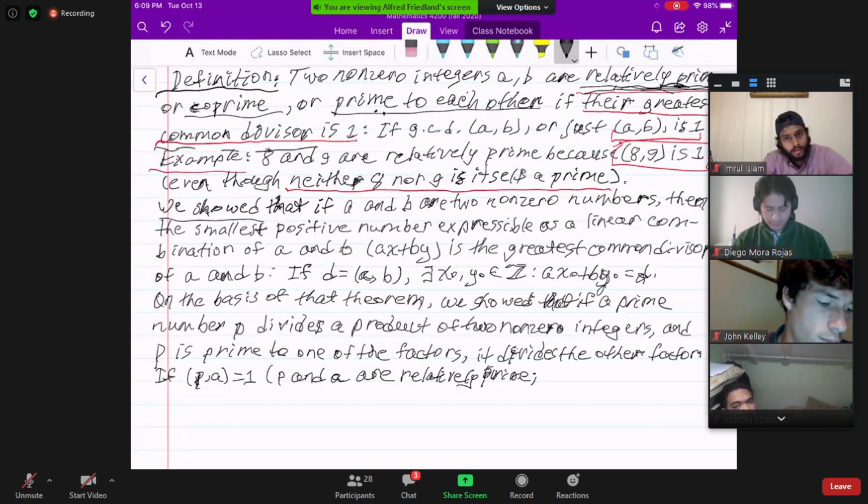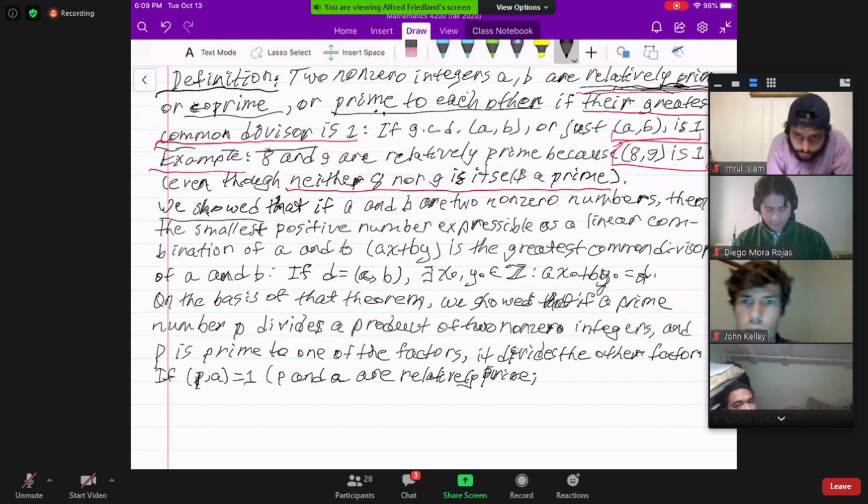And that means the greatest common divisor of relatively prime numbers, namely 1, is the least positive number expressible as a linear combination of A and B. And since 1 is the least possible positive integer, 1 can be expressed as a linear combination of A and B.